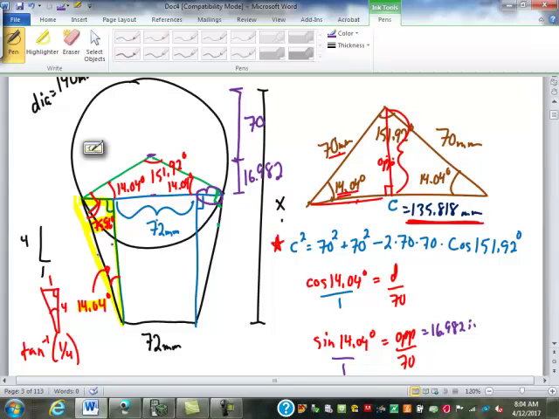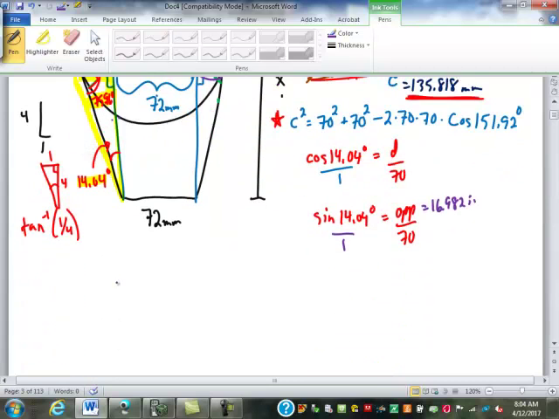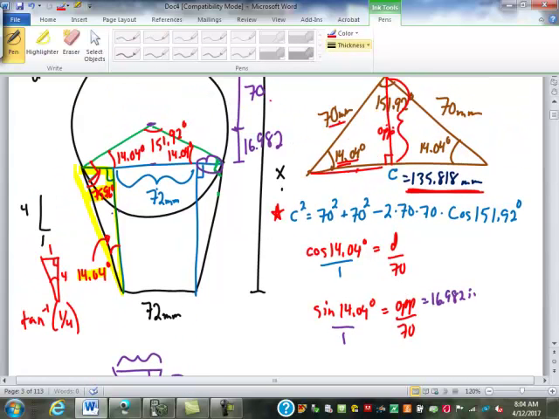Yes, we're going to use one of these lower triangles. Here's our right angle. This is 14.04 degrees. I need this dimension here. If I had that dimension, I could find this dimension. To get that dimension, I'm going to look at this line across there.